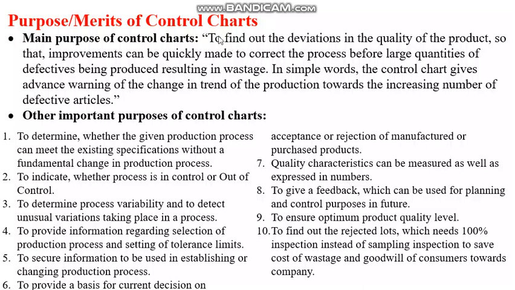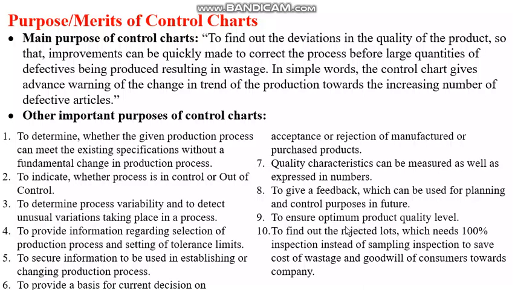In the control charts, we are plotting these numbers, then giving feedback which can be used for planning and control purposes in future. This is another purpose of control charts.